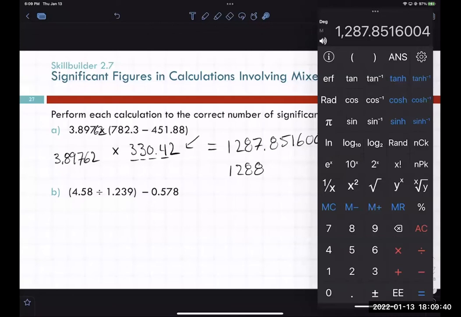Okay, so for this next one, we're doing a division here. It's in parentheses first. You get 4.58 divided by 1.239. And that gives us a whole long number.